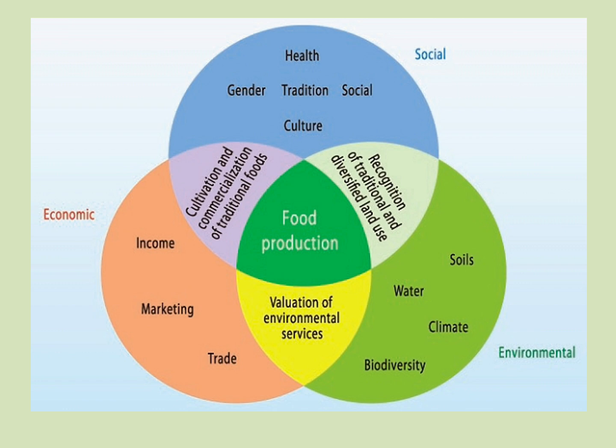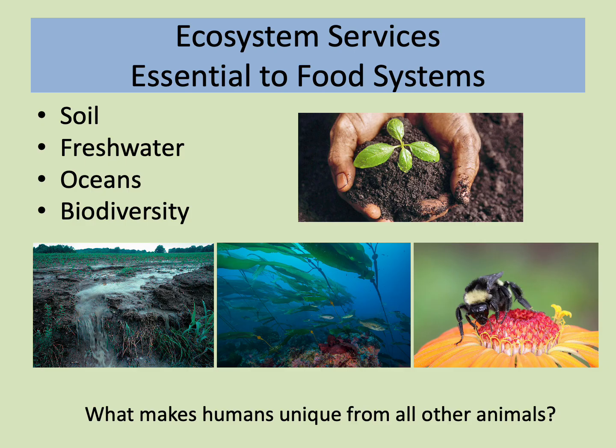So still there's sufficient income, and at the same time the environmental services are valued, the water is drawn at a sustainable rate, the soil is replenished, and there's also a social element that values health, tradition, culture. So we'll go into detail on more of the ecosystem services broken down by soil, freshwater, oceans, and biodiversity.